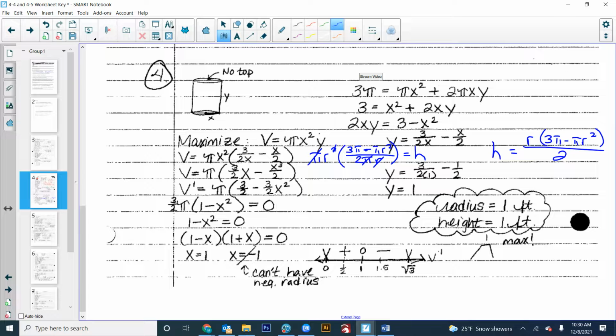It's the same equation. Yeah. You said 3 minus r squared over 2r? Yeah, because if you do common denominators, that's an r multiplied by r. 3 minus r squared over 2r. Yep, you're good.